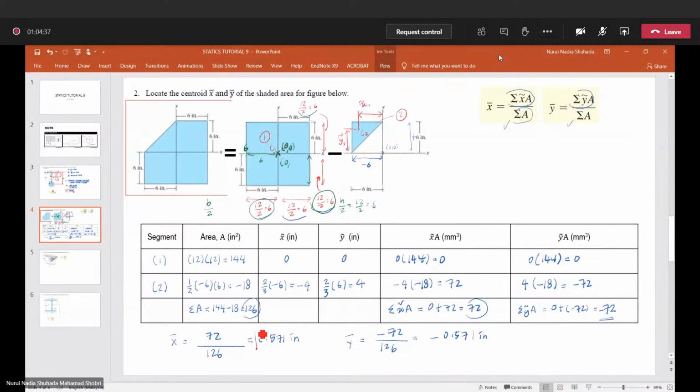Okay, do we have any questions here? Yes? Miss, why is the 6 inch negative? Which part? For segment 2, 72.